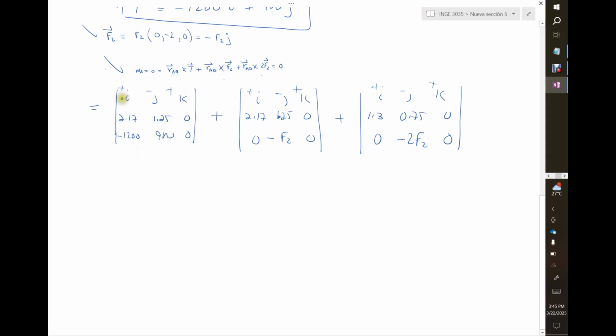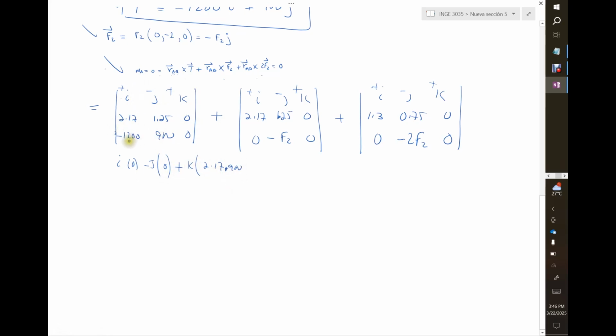I don't care about the i. So i is multiplied by 0. How about the j, minus j, when you get this done like this, right? This by 0 and this by 0, that's 0. So I don't care. Plus k, and what is left on the k? Well, the k is important because there are numbers. It's 2.17 times 900.